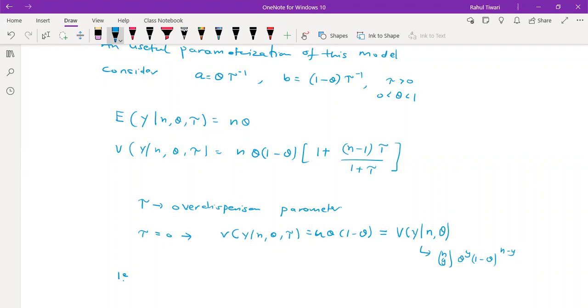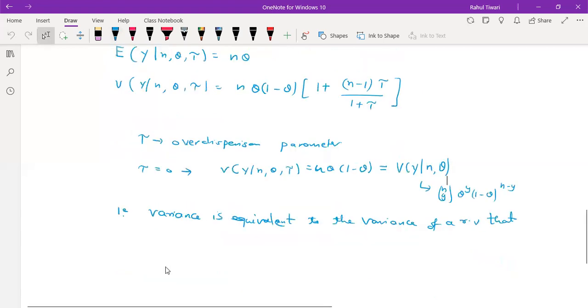Okay, so that means the variance is equivalent to the variance of a random variable that follows a binomial distribution.